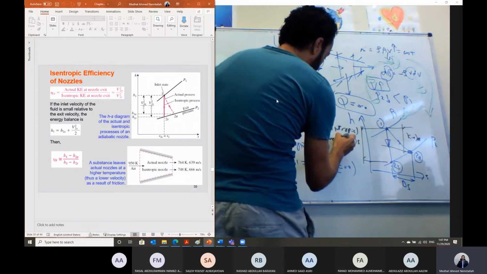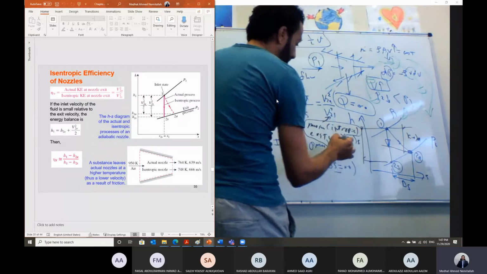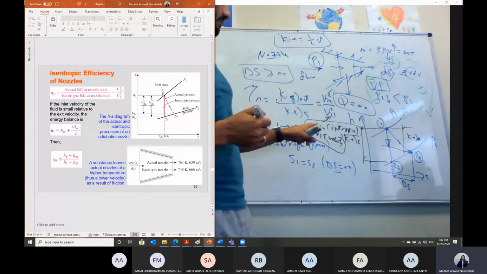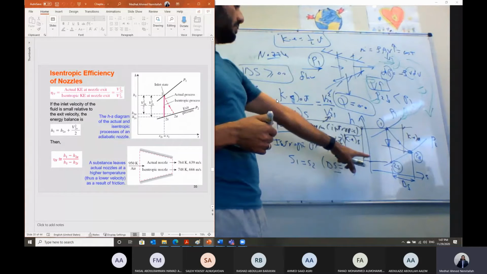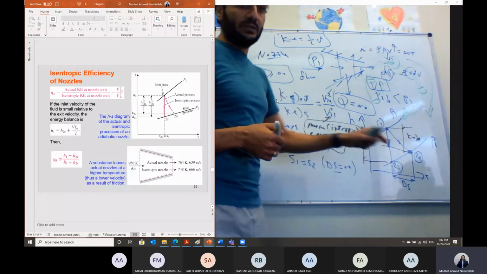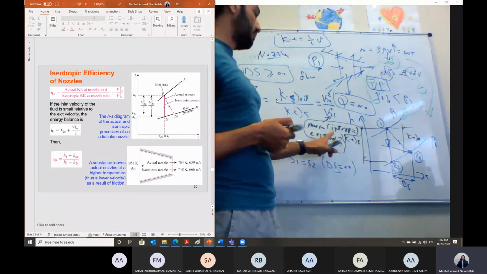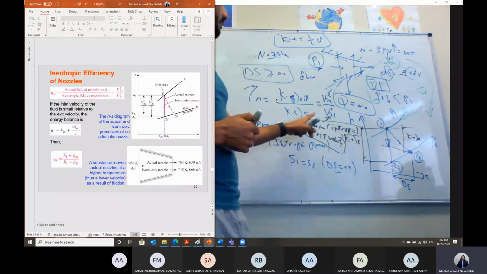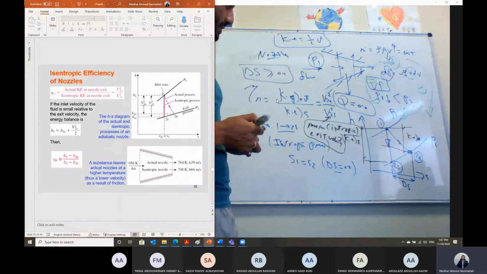So if I asked you in any problem to calculate the maximum exit velocity, that means I need to calculate V2S, which is the isentropic exit condition in this case. Okay, so maximum or isentropic exit velocity, we call it V2S when the process is isentropic in this case.